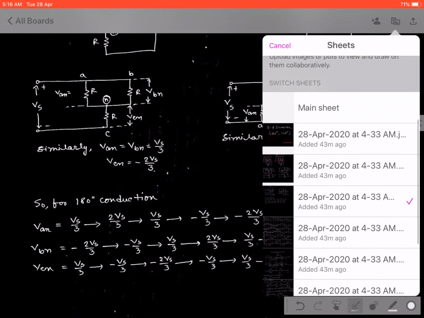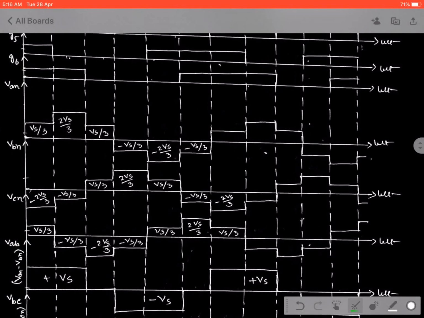The same thing can be reflected on the waveforms also. So it will start from minus 2 Vs by 3, minus Vs by 3, plus Vs by 3, plus 2 Vs by 3, then Vs by 3, again minus Vs by 3, minus 2 Vs by 3, minus Vs by 3, and it will be continued for the next cycle onward.